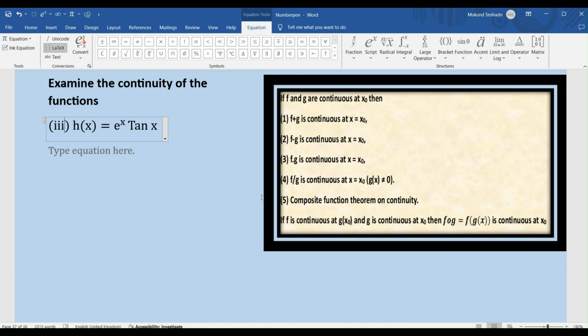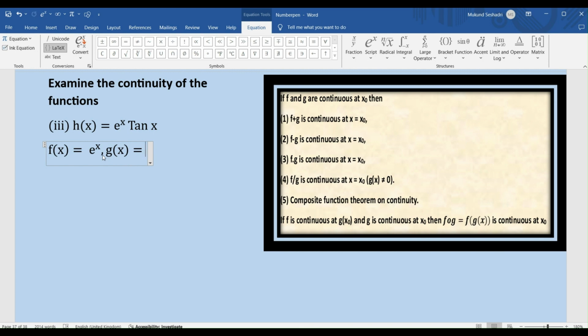If I apply the algebra of continuous functions, what is my f of x? It is e to the power x. My g of x is tan of x.